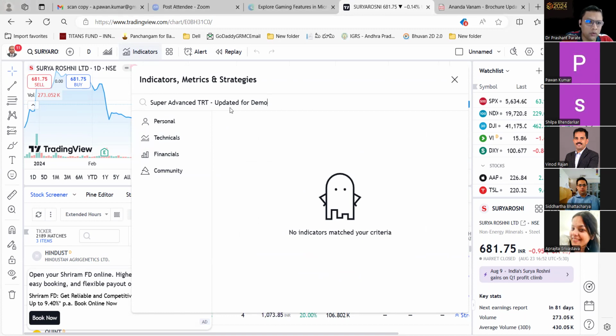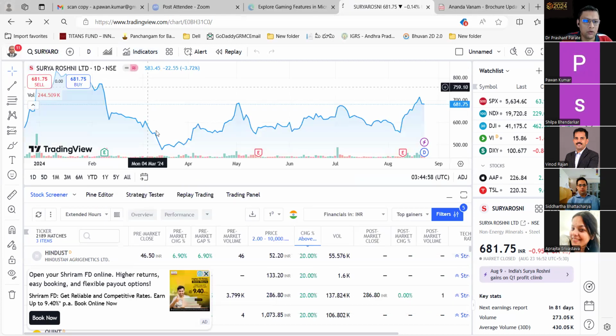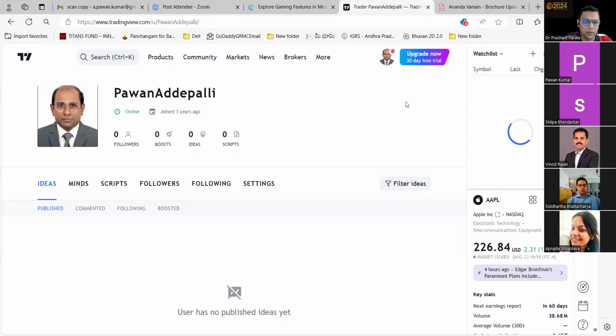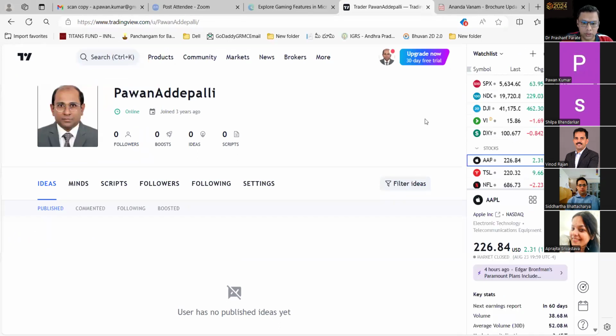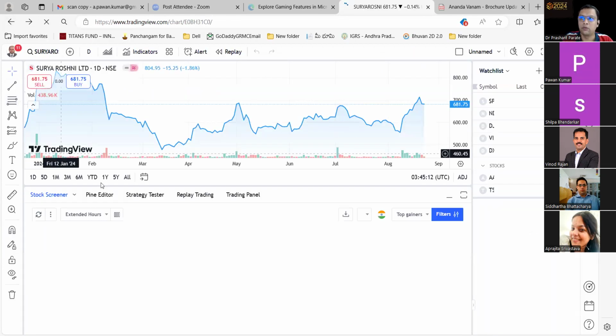Okay, now click on your photo on the left side. Okay, click on your profile. Pawan, okay, you have not shared your TradingView ID, I think. Manage, add user. What is your TradingView ID?